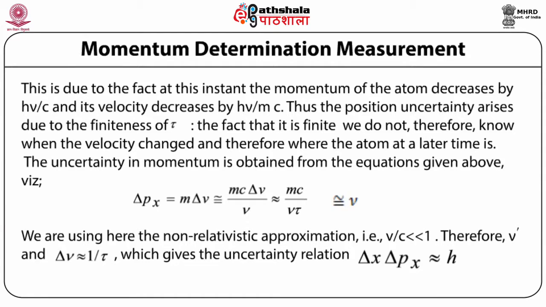In the above equation, m is the mass of the atom, delta v is the uncertainty in exactly determining the velocity of the atom, and tau is the uncertainty in determining the exact instant at which the photon was emitted. Thus, we have that v is approximately equal to c, and that delta v is approximately equal to 1 by tau, which gives the uncertainty relation delta x delta px is approximately equal to h cross.